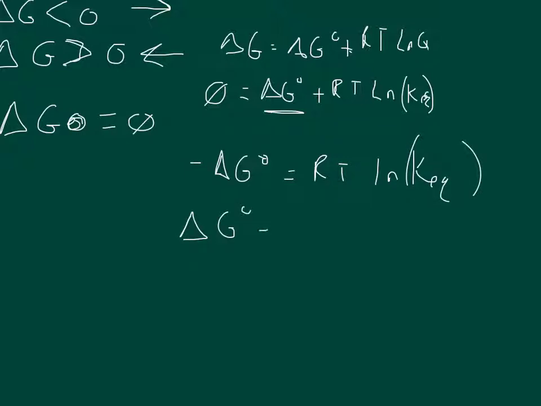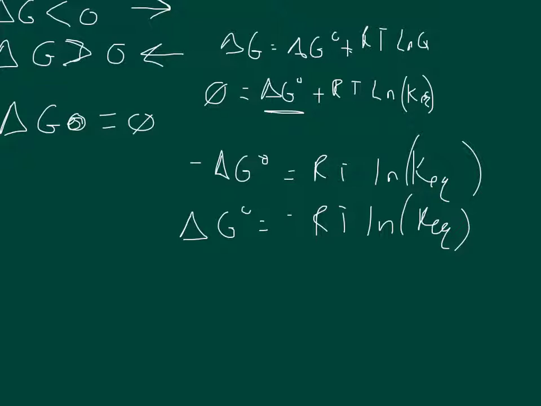So delta G standard state is equal to negative RT natural log of the equilibrium constant. So I can find the standard state free energy change of any reaction if I know what the temperature of the reaction is and I know the reaction quotient, the KEQ, of that reaction at that given temperature.